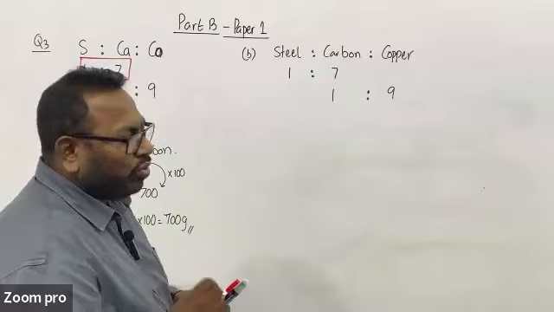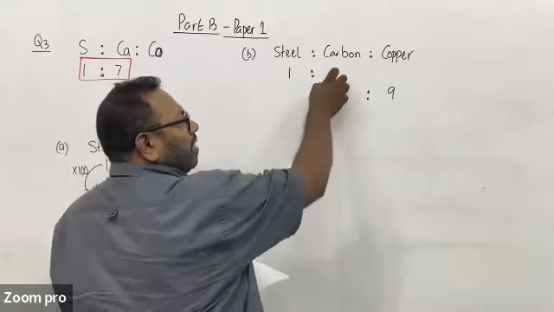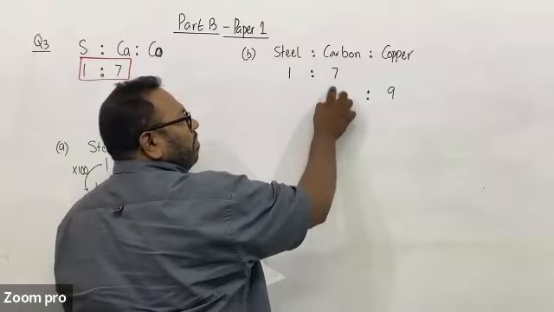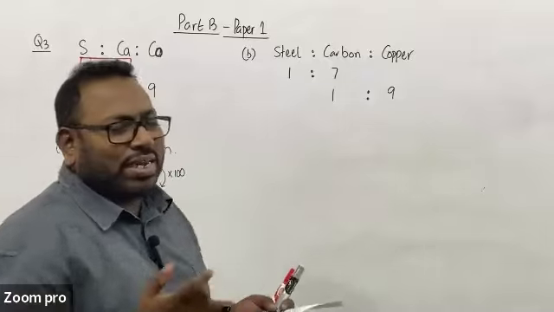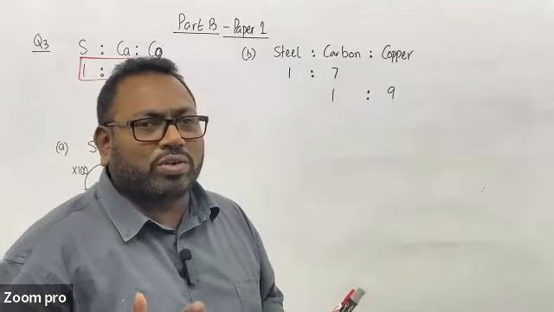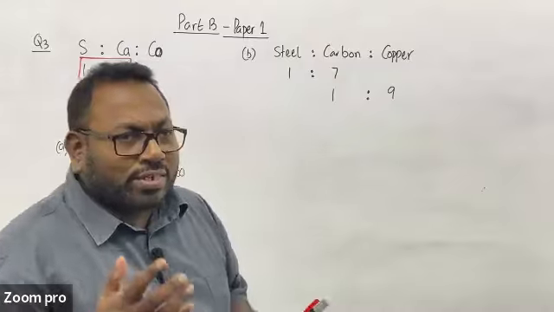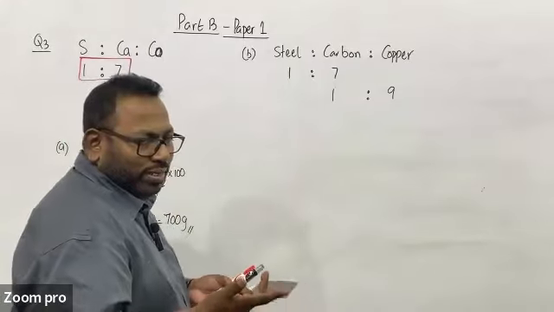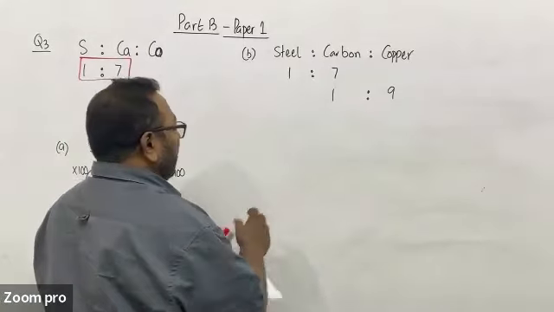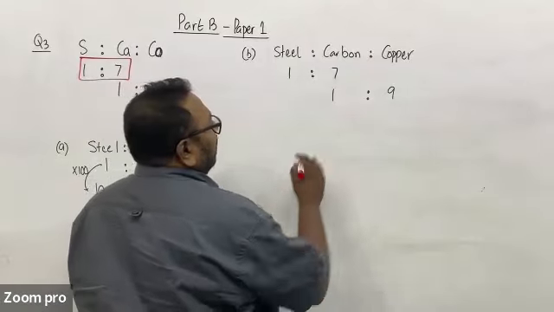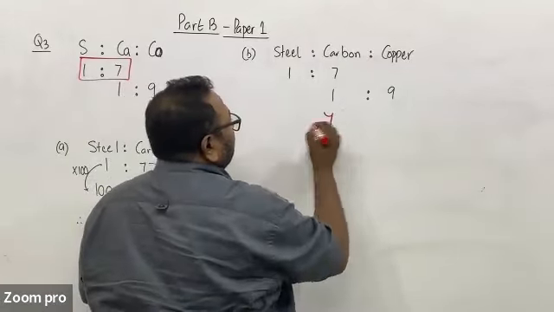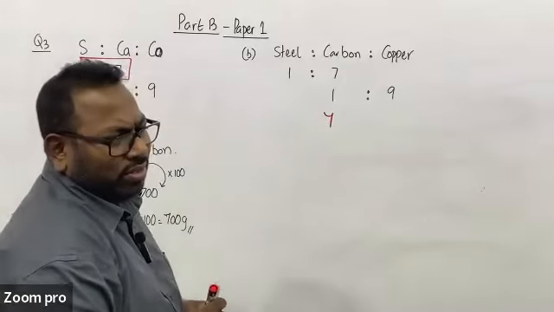So what do we need to do? We need to find the common term for 7 and 1. So basically what they're asking is what is the lowest common multiple of 7 and 1? Lowest common multiple is 7. Okay.